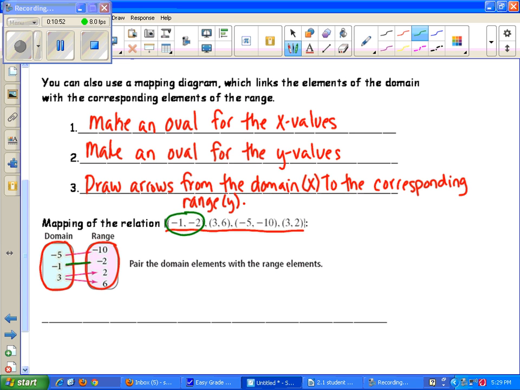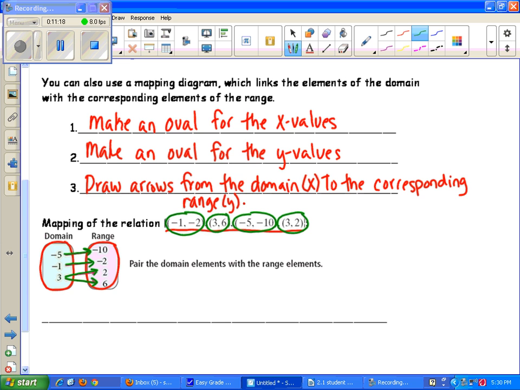So -1 goes to -2. And then we have 3 to 6, so 3 goes to 6, and then -5 to -10, and the last one, 3 to 2. So that one has 2 that it goes to. So again, just make sure that you remember it's in order from least to greatest with no repeats.